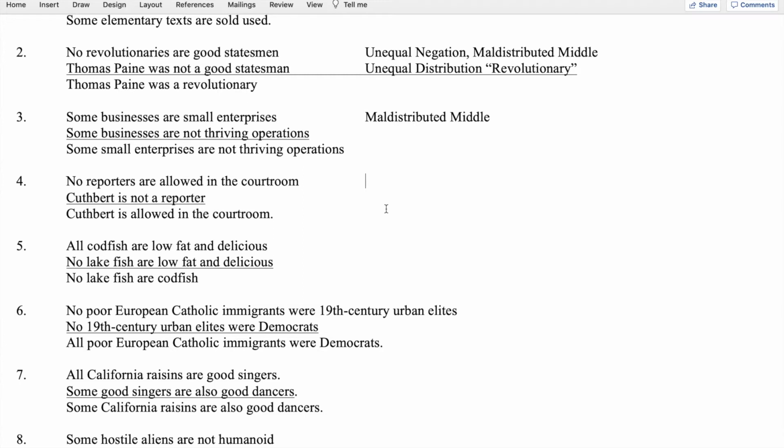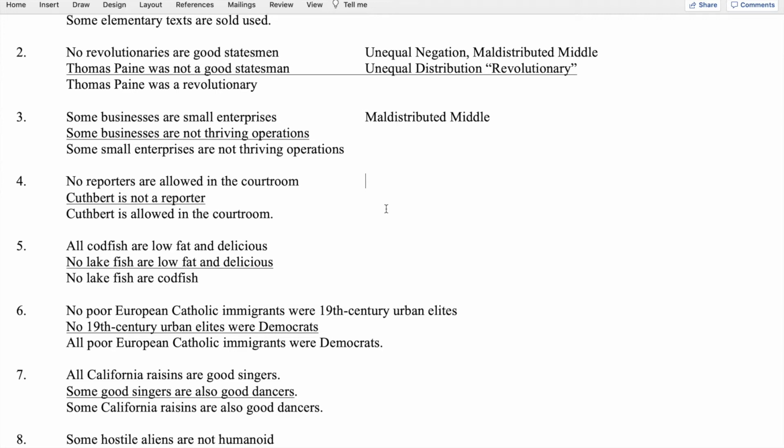In universal negatives, of course, we have 2 distributed terms. Both the subject term and the predicate term are distributed. So that would be true of the first premise and of the second premise. And then in the conclusion, as a universal affirmative, the subject term is distributed because subjects of universals are distributed, but the predicate term is not because predicates of negatives are distributed, but this is an affirmative.